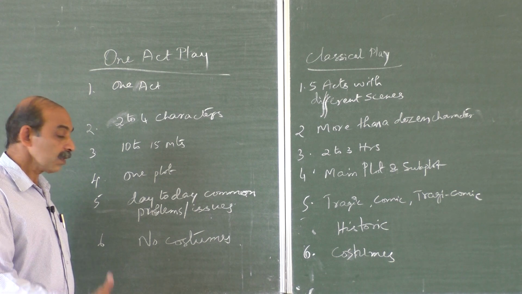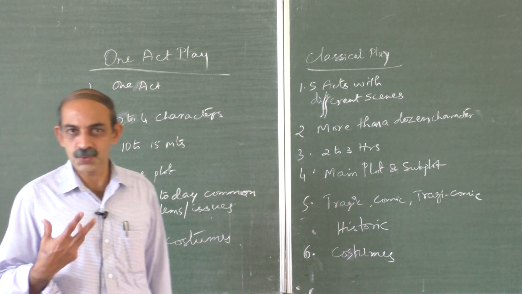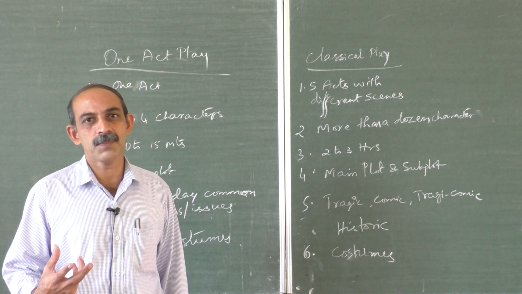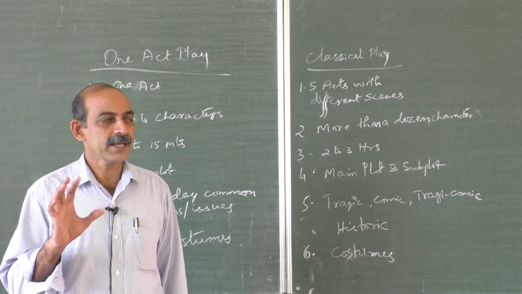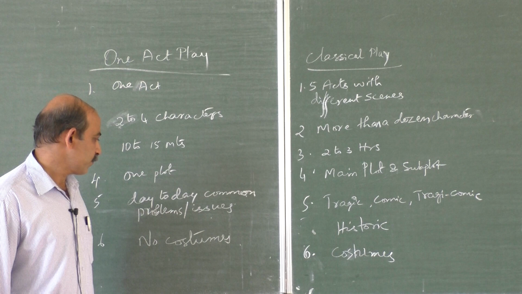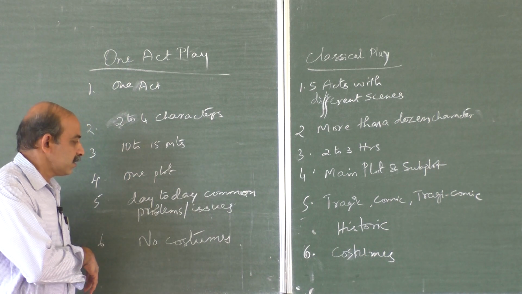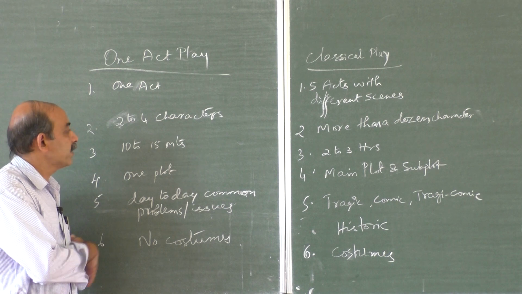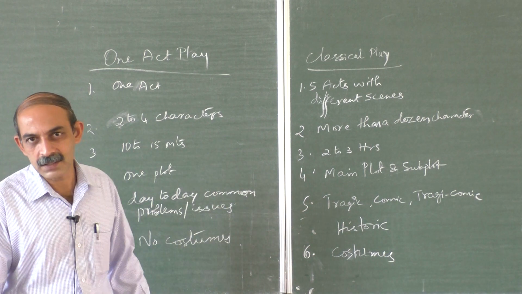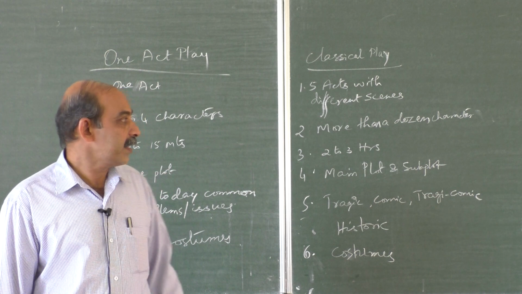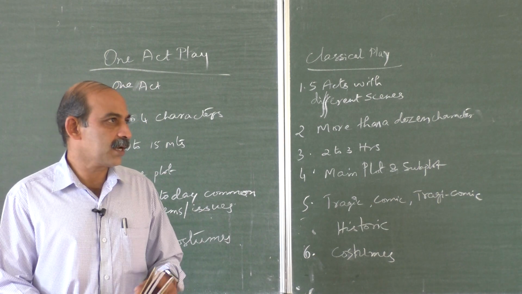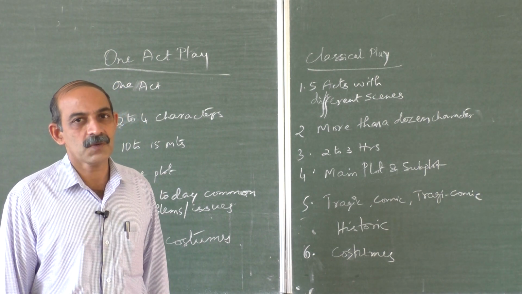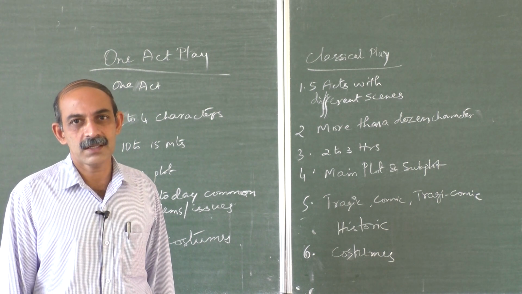One act plays are required to portray social issues and common problems, and that is why Harold Pinter is the forerunner of these one act plays, and after that several writers have written. Last year you had Watchman of the Lake by Indo-Anglian writer R.K.